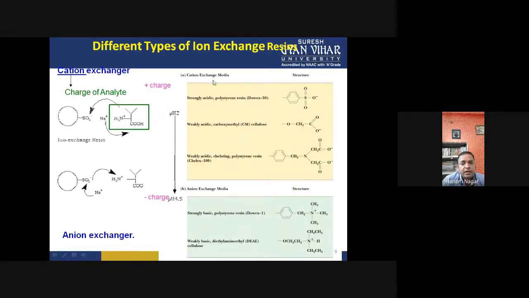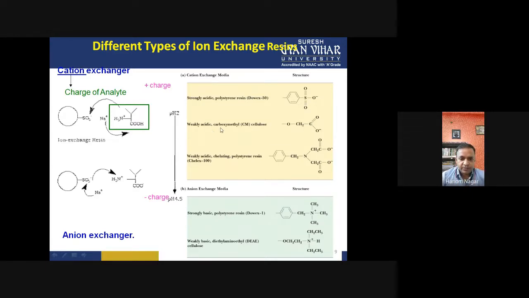So the cation exchange media are these. First is the strongly acidic polystyrene resin. This is the ion exchange resin that is strongly acidic in nature, and it is a polystyrene resin. Right? This contains negatively charged species and also the positively charged ion.